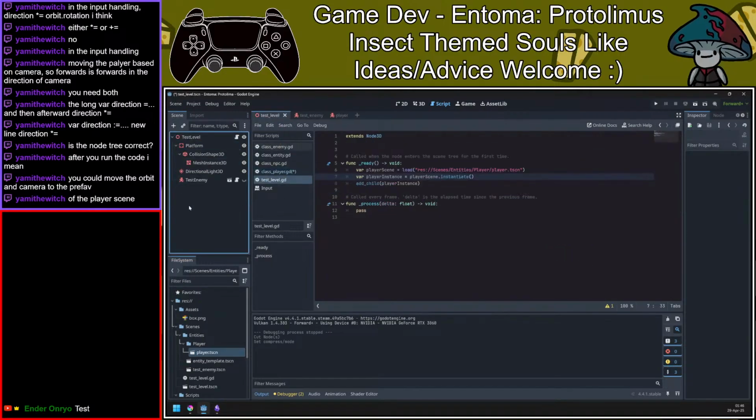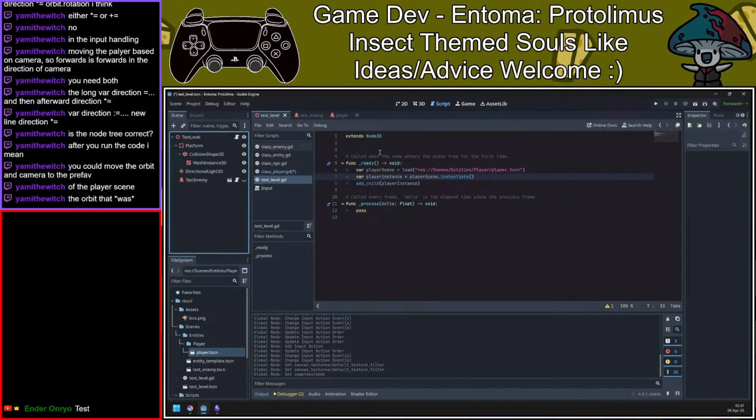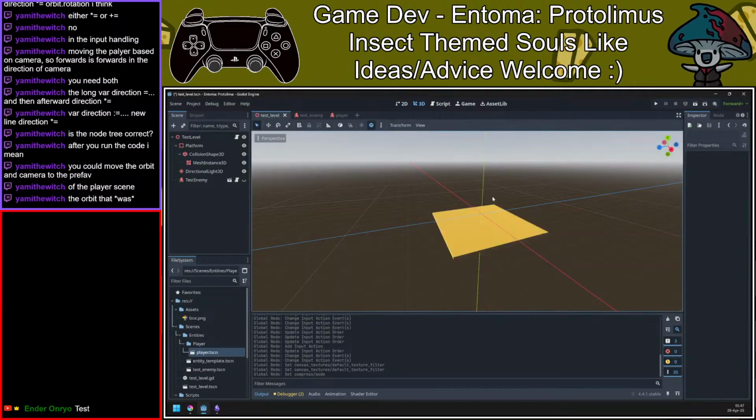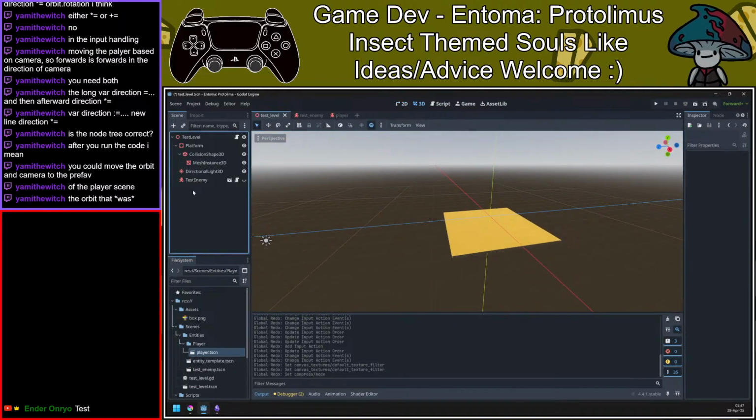Excuse me? Godot, care to explain why I can't... Okay, so the camera and orbit no longer exist, because apparently Godot is being stupid. I did Control X, and now it just apparently doesn't exist.